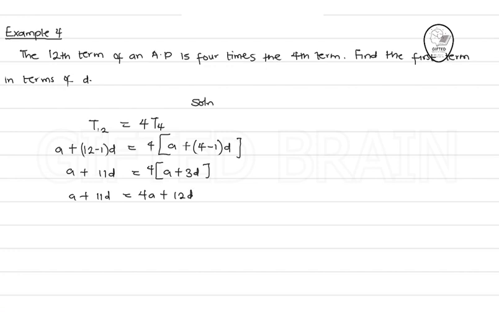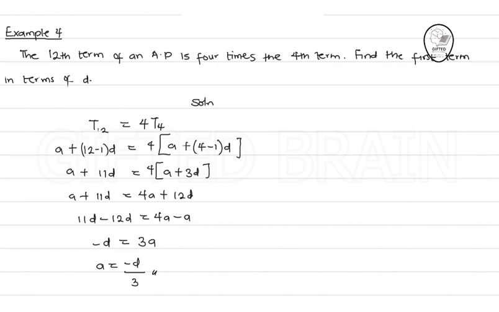And so we can say 11D minus 12D is equal to 4A minus A. All I just did is to bring the 12D to the other side, and bring the A to this other side. So this will give me minus D is equal to 3A. And obviously, dividing both sides by 3, A will be equal to minus D over 3. So that's all for this question.